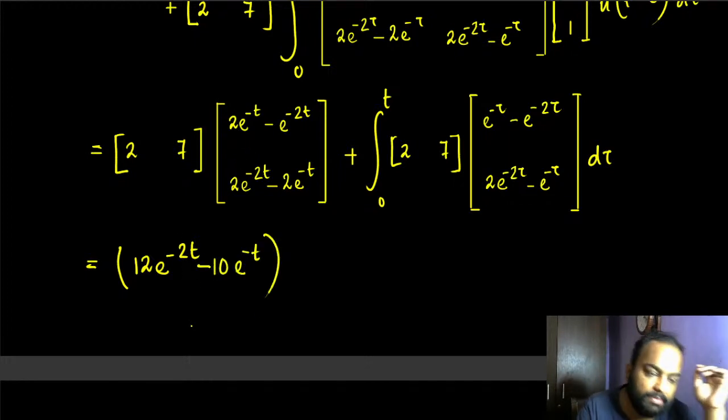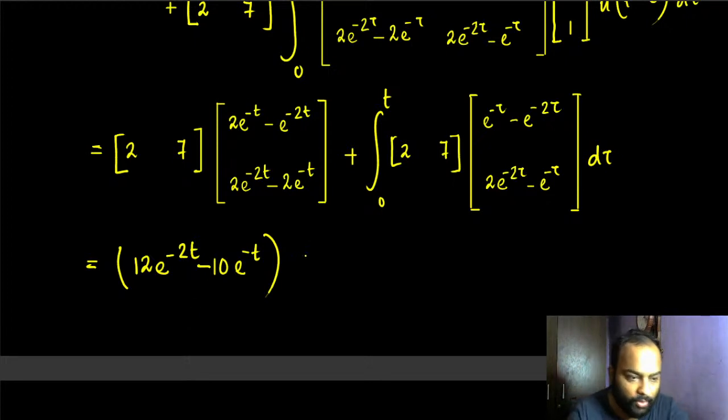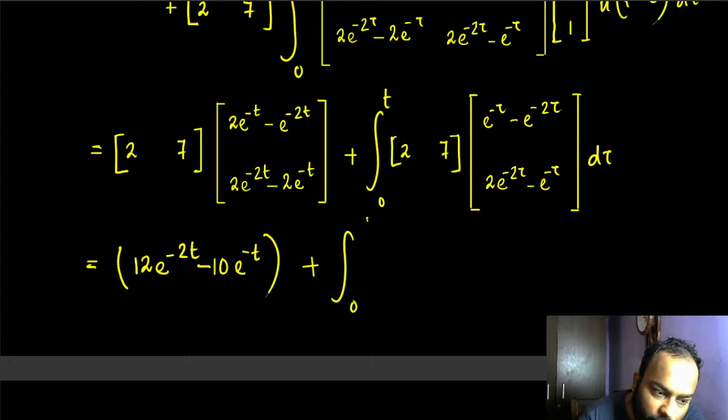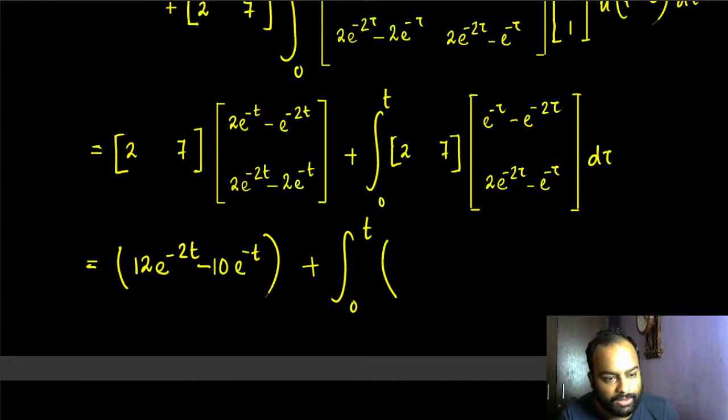So if I have made a mistake during the calculation, please let me know. And plus, regarding this integration 0 to t, here also something similar happens. This again becomes a scalar quantity. So here 2 times this plus 7 times this. So hold on.